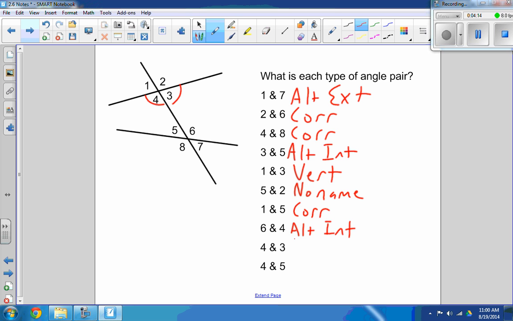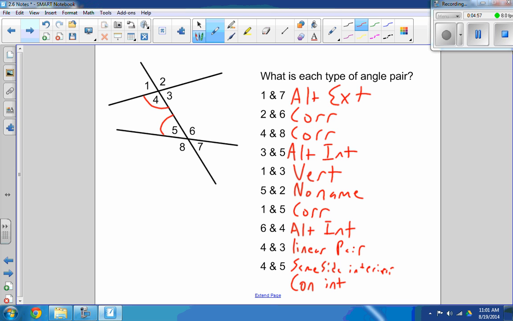It's a linear pair. And then angles 4 and 5. It's also not a concept we've shown, but it does have a special name, unlike angles 5 and 2. Some people will use same side interior. Some will use consecutive interior. So same side interior, or consecutive interior.